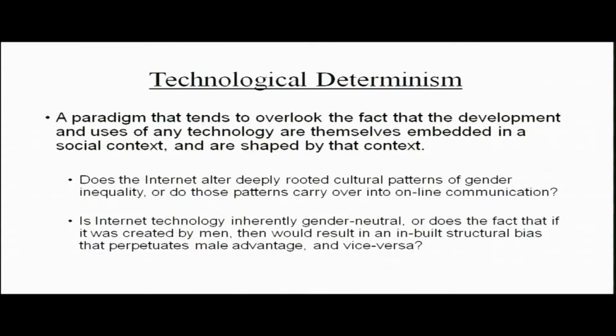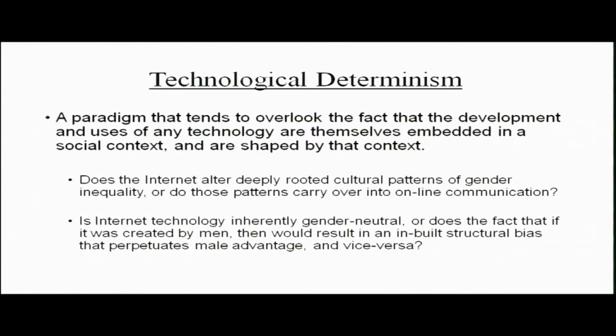And the second question is, is internet technology inherently gender neutral, or does the fact that it was created by men result in an inbuilt structural bias that perpetuates male advantage, and vice versa? If there is an androcentric bias, would it result in an inbuilt structural bias that perpetuates male advantage?